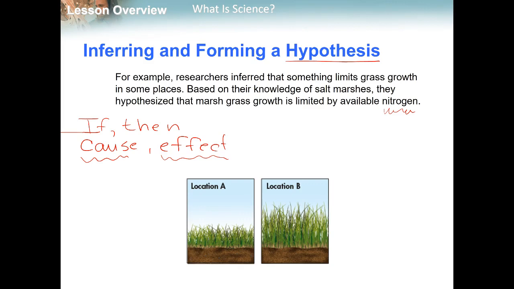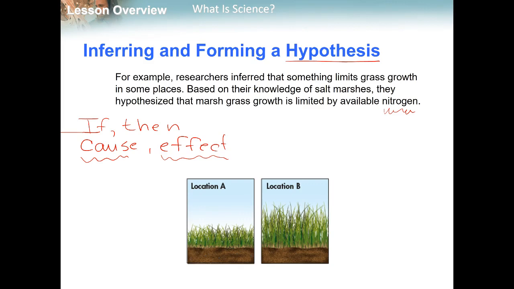So I can say, for this example, if the marsh grass in location A is limited in nitrogen, then it's not going to be able to grow efficiently. Can I test that?